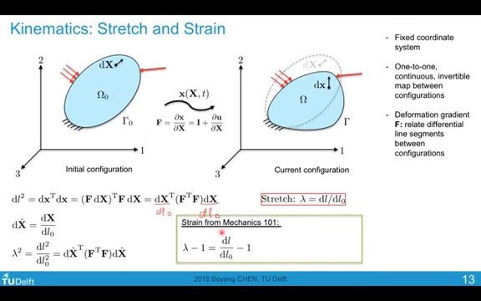Here is the change in length, which is dl minus dl0, divided by the original length, which is dl0. And you can write it in the form of stretch as stretch minus 1. Now we are going to plug in the expression of lambda here, and we need to take the square root, and you will obtain this expression. So this is the engineering strain that we are familiar with from undergraduate studies first year.